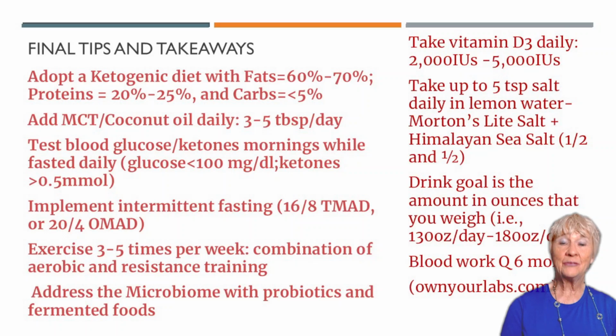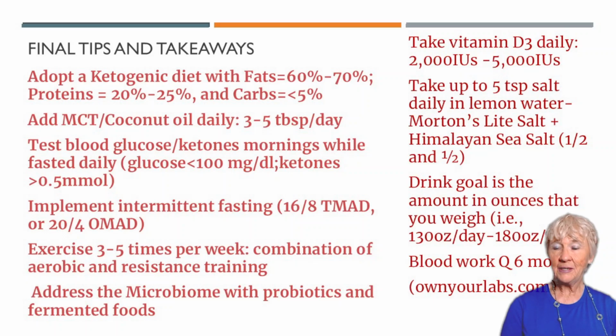Elevating your blood ketones will have an anti-inflammatory effect. Implement some fasting, especially if you're struggling with weight, and see if a 16-8, 2 meal a day, or a 20 to 23 hour fasting window with 1 meal a day really helps to improve these markers.